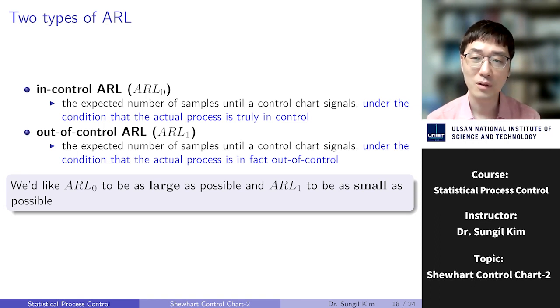While out-of-control ARL, ARL1, is defined as the one under the condition that the actual process is out of control. Consequently, we'd like ARL0 to be as large as possible and ARL1 to be as small as possible.